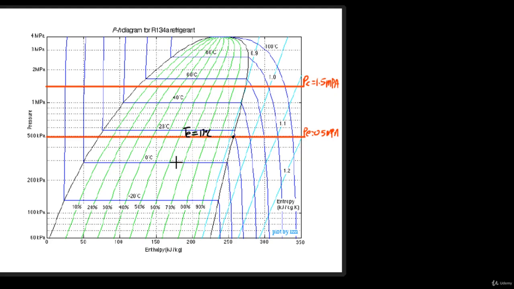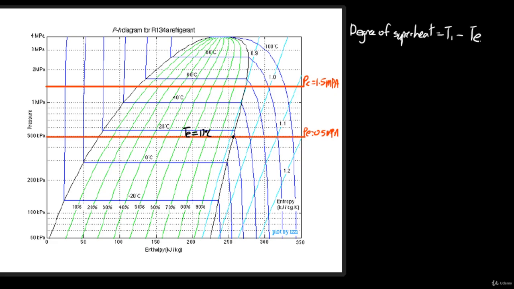So we can assume that your T1 will be 27 degrees Celsius because you have a degree of superheat of 10 degrees Celsius. If not, you can refer back to the formula that I showed just now: degree of superheat is equal to T1 minus TE.